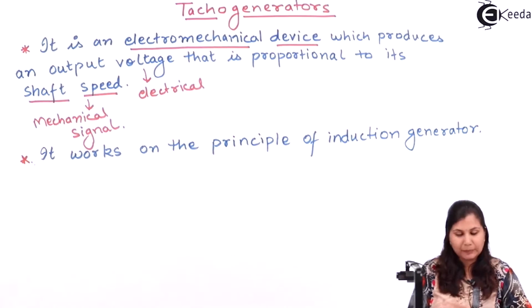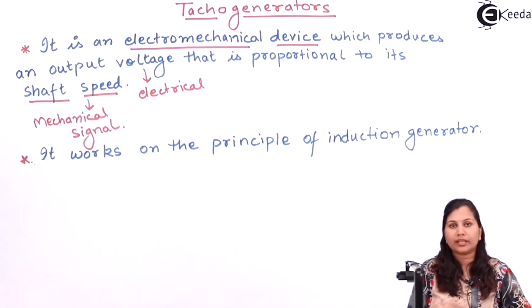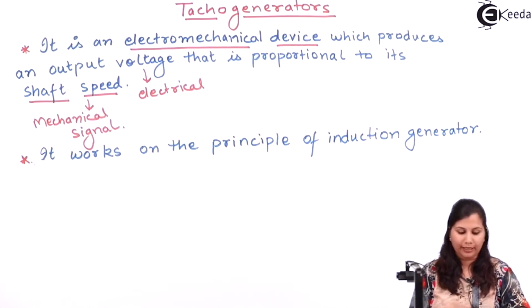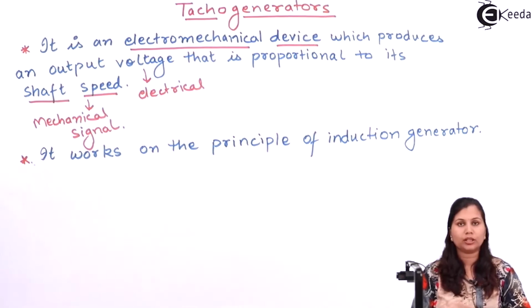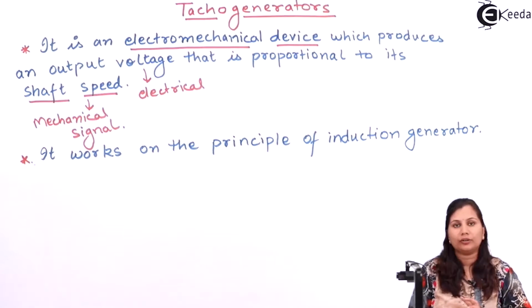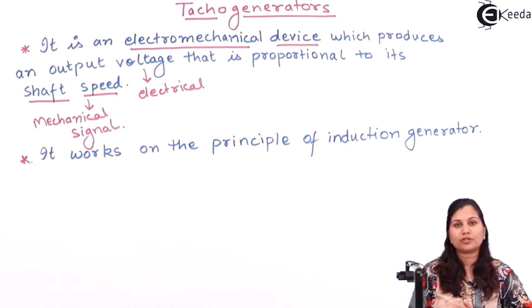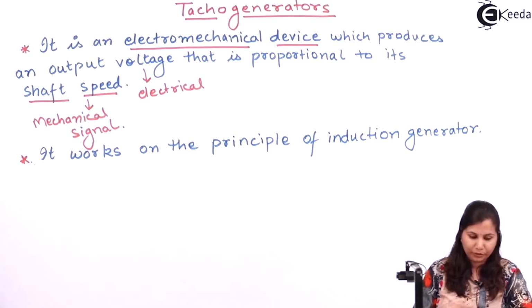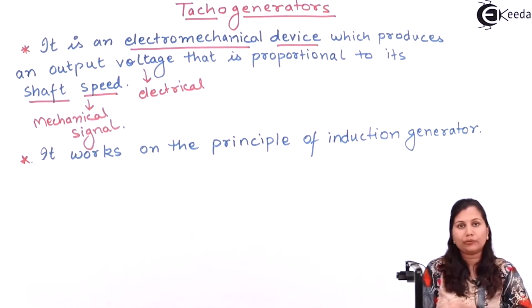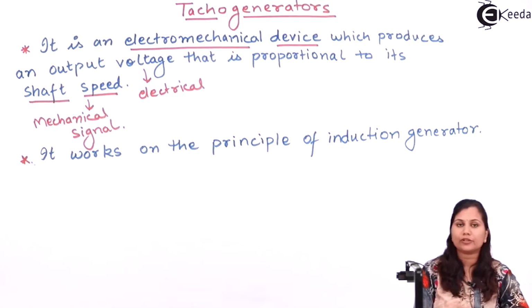According to this principle, the output voltage or the torque is induced due to the rotation of the rotor, and we have the shaft speed. So this shaft speed is inducing an output voltage in the terminals. Now there are two types of tacho generators: AC tacho generators and DC tacho generators.